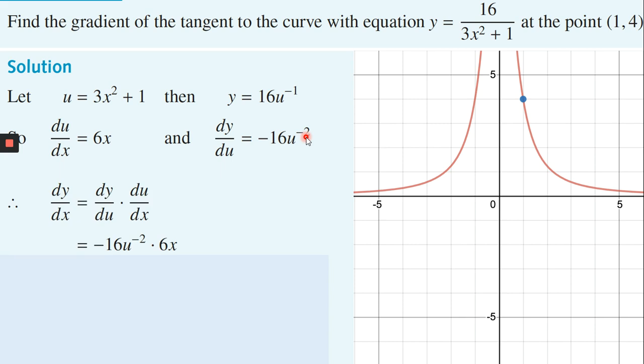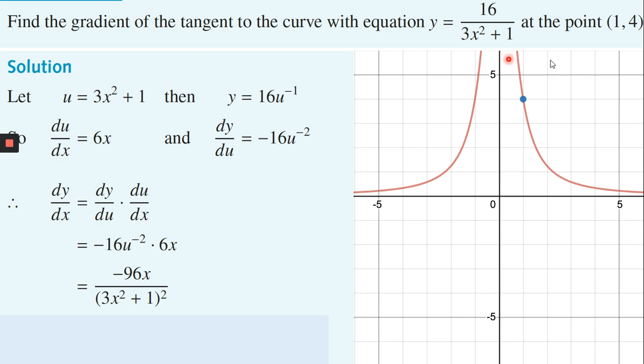Then we use our wonderful chain rule. Join these two together. 16 times 6, I think, is 96. So on the top, we've got 96x. On the bottom, if we've got u to the minus 2 on the top, on the bottom that would be u to the positive 2, so u squared. And we've gone straight back to the u.